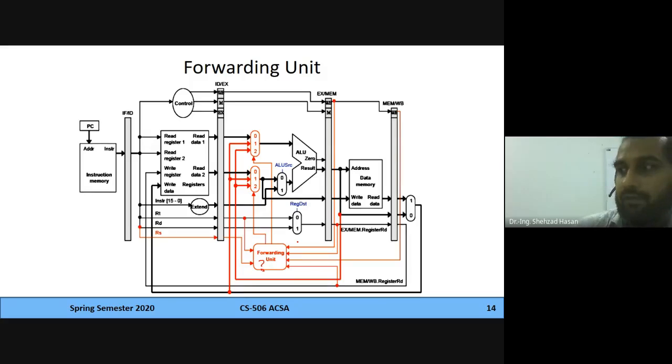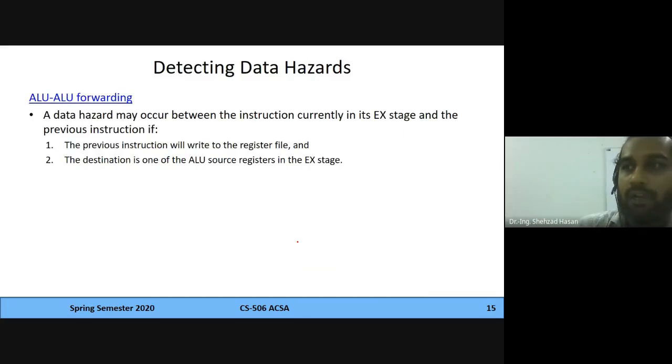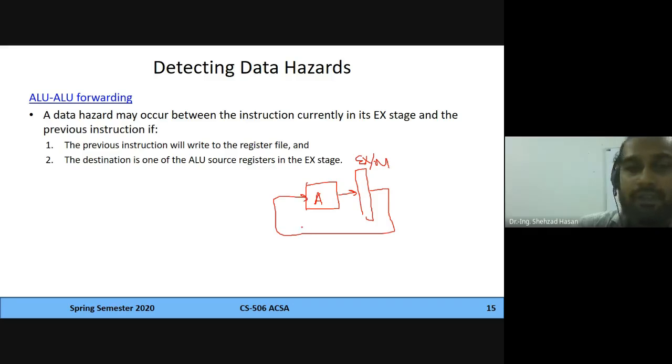Okay, so if there are no further questions, then let's talk about our first forwarding, which we are going to call ALU to ALU forwarding. If this is the ALU and this is the pipeline register, which is the EXMEM pipeline register, and you have a result computed from the ALU and you want the same result to be part of the next operation, then we call this an ALU to ALU forwarding, or in other words, the better word is the EXMEM pipeline register to ALU forwarding.